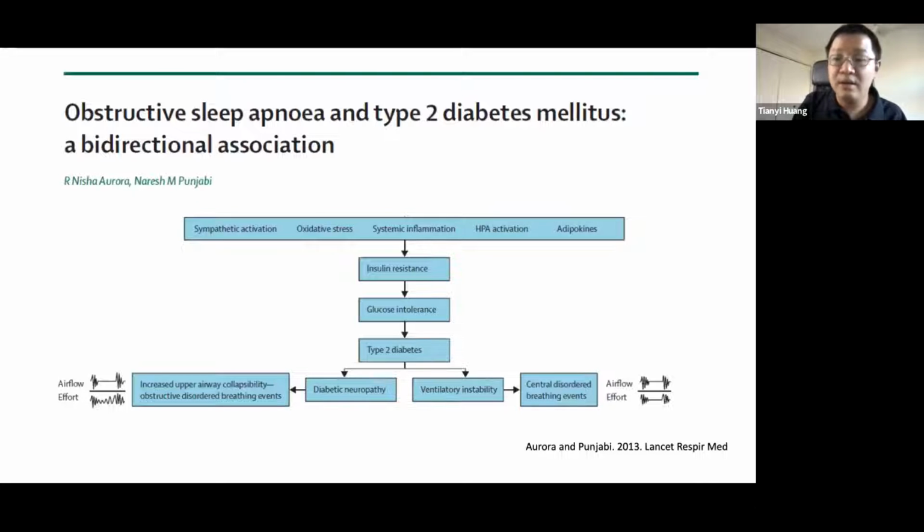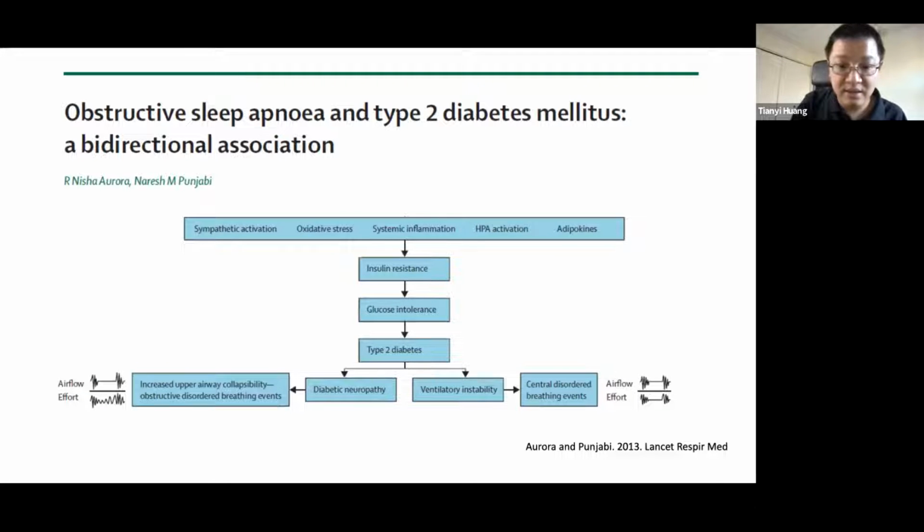Until very recently, there have been some reviews and hypotheses regarding a bidirectional association between sleep apnea and type 2 diabetes. In this review article, the authors propose a framework in which systemic inflammation and insulin resistance, as well as other related biological alterations like oxidative stress, can induce glucose intolerance and lead to type 2 diabetes.